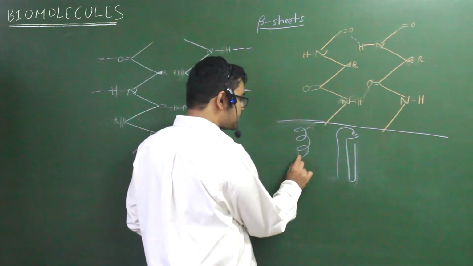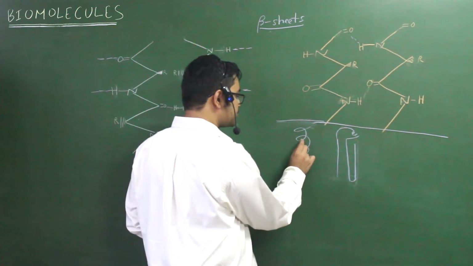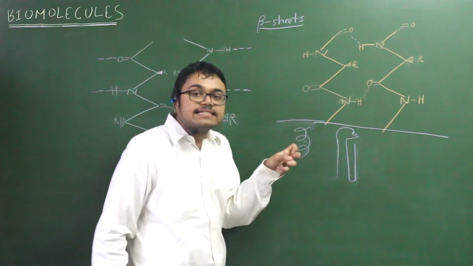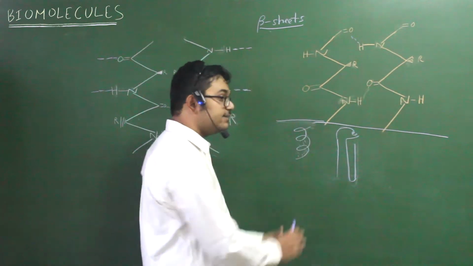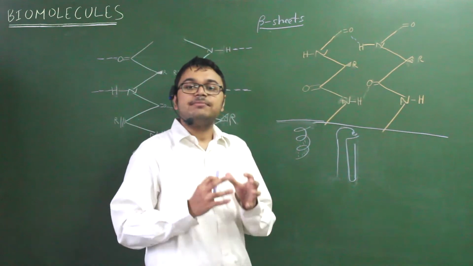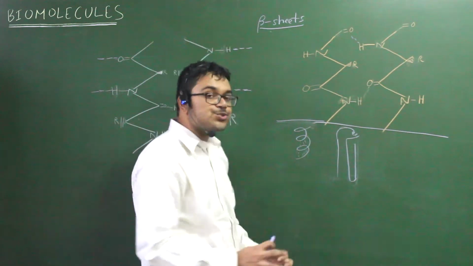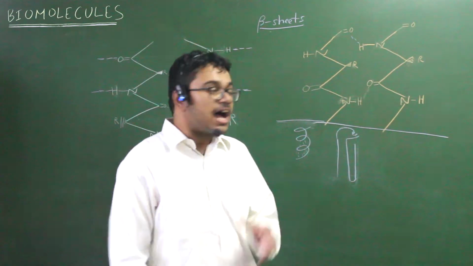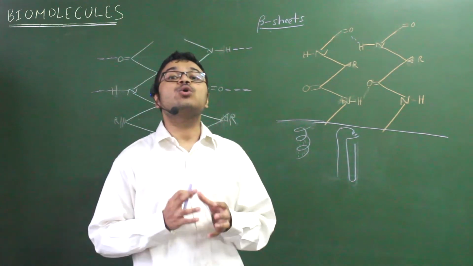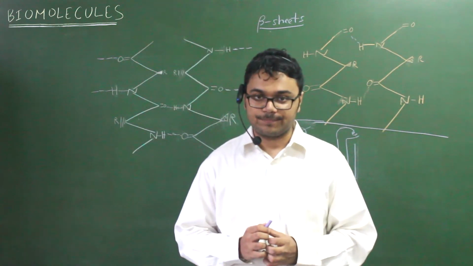In the alpha helix, since we have this I+4 to I hydrogen bonding, amino acids which are nearby in the sequence, in the primary structure, are also nearby in the secondary structure. Hydrogen bonding is local with reference to the primary structure.